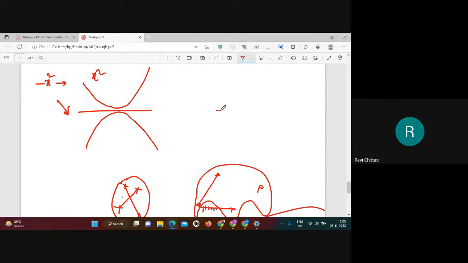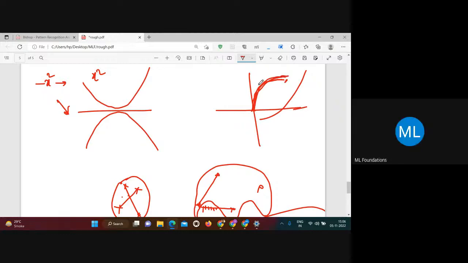See, what is this? Can somebody tell me this type of function? Exponential? Logarithm? No, it's not exponential.